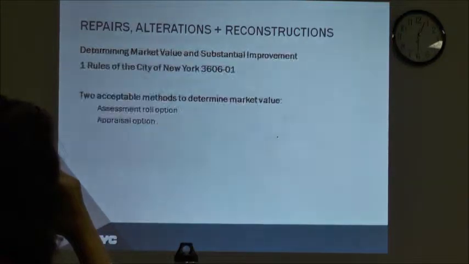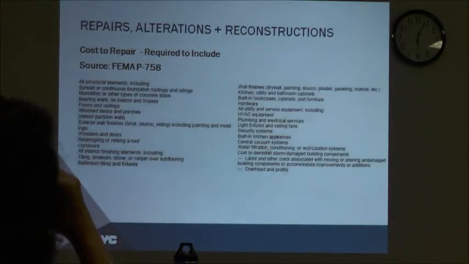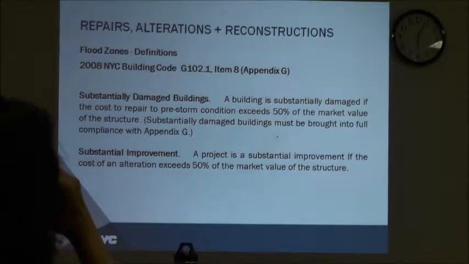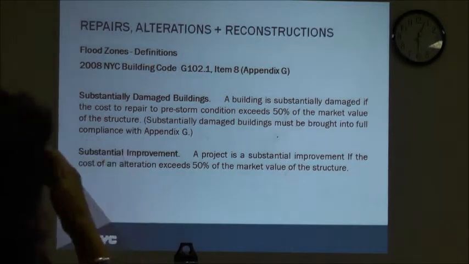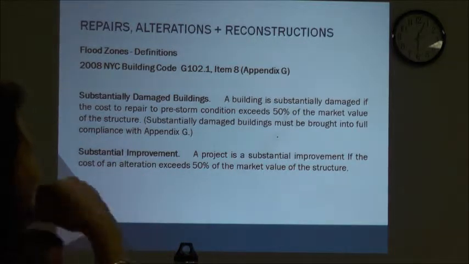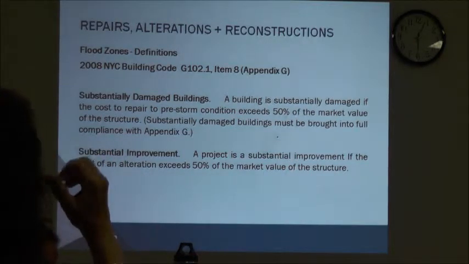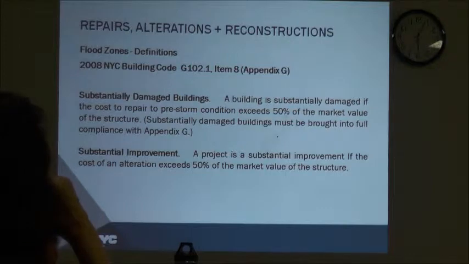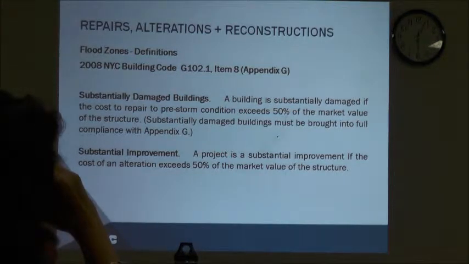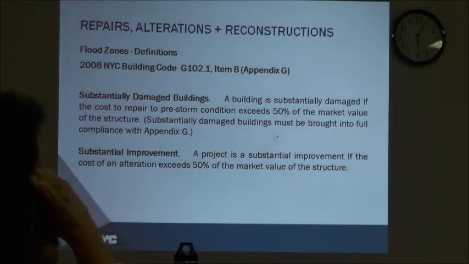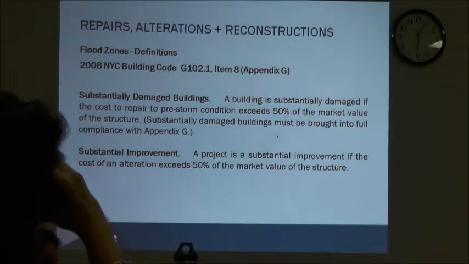There's a rule, 1 RCNY 3606-01, and it tells you exactly how to calculate market value of a building. You go to the Department of Finance assessment roll, and it's a ratio. You know the total value, you know the land value, so you can figure out the market value of the structure. But the thing is, the Department of Finance's assessment roll is really low.